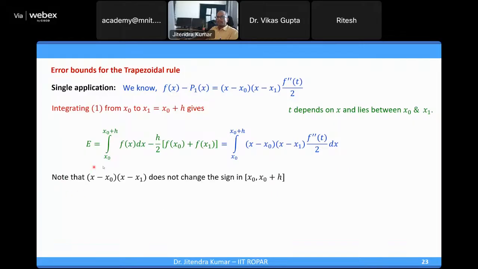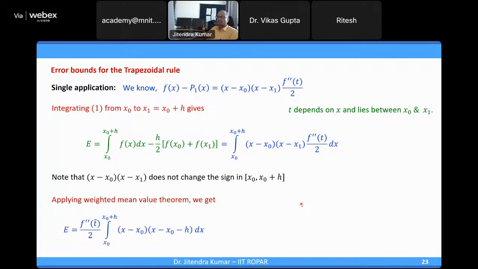Well, and this does not change sign. Just note that (x minus x0) and (x minus x1) will not change sign in this range x0 to x1, or x0 to x0 plus h, because one factor will always be positive and the other always negative. So the sign is going to be negative and will not change.